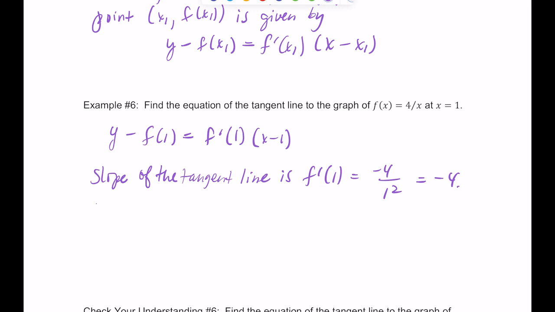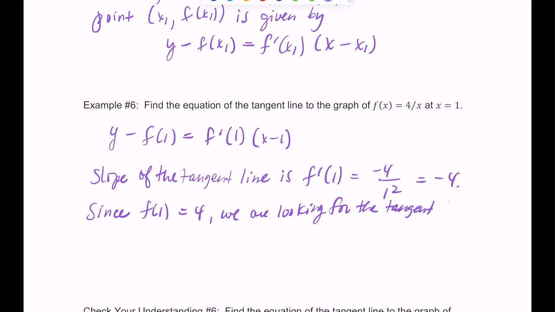Since f of 1 is 4, your original function, since you plug in 1 here for x, you get 4 for y.